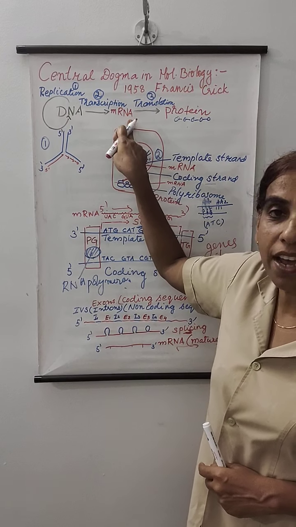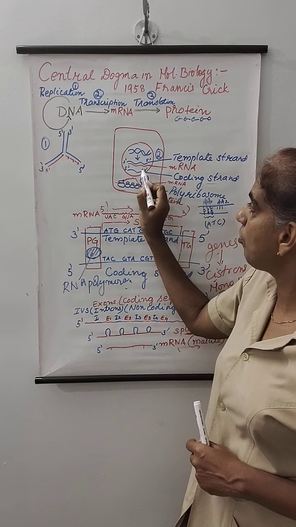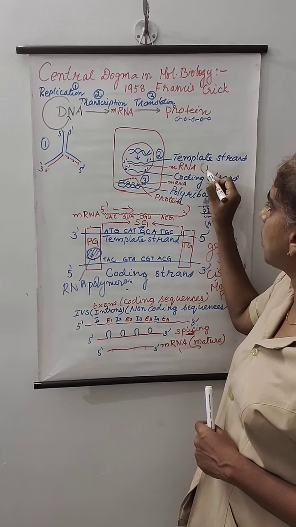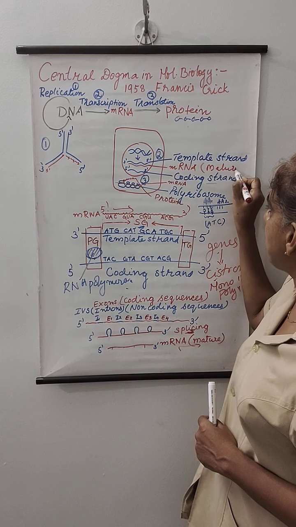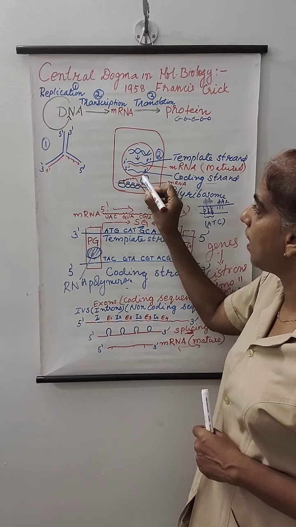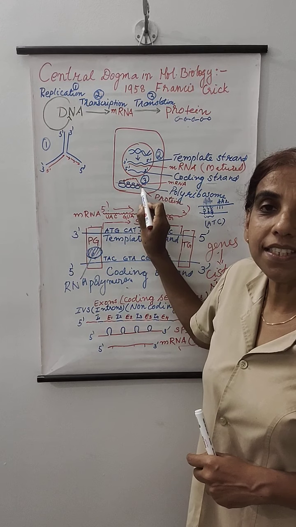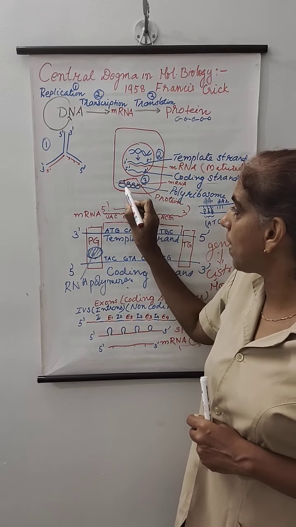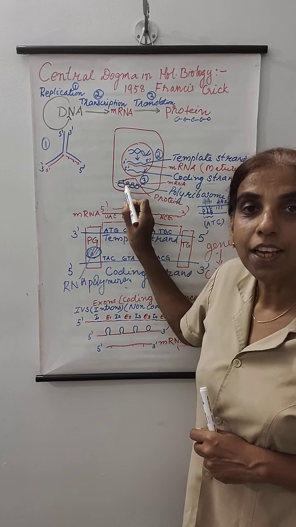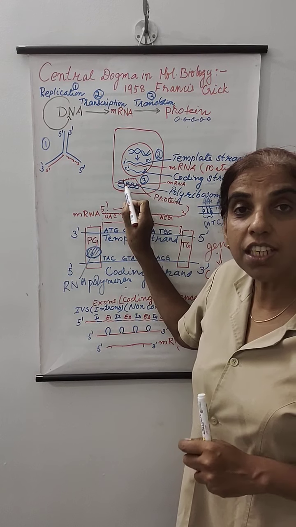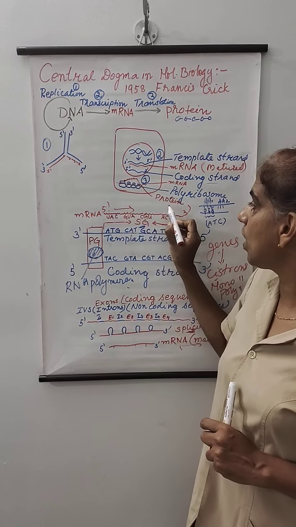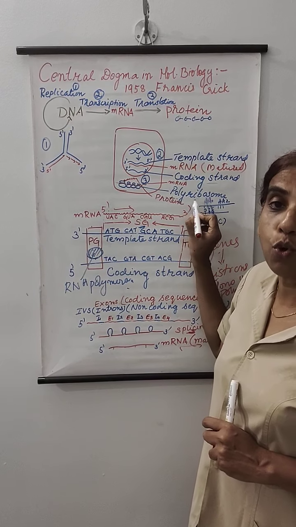Once the matured messenger RNA is prepared, it will leave the nucleoplasm and come to the cytoplasm. It will quickly go to the machinery of protein synthesis, the ribosomes.